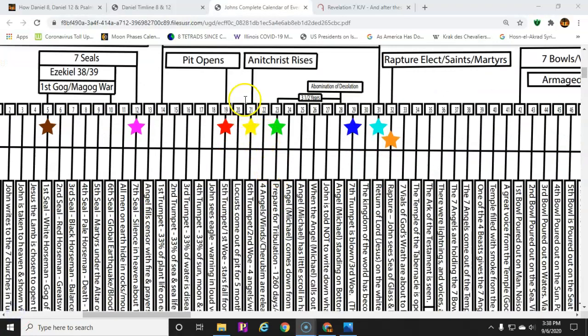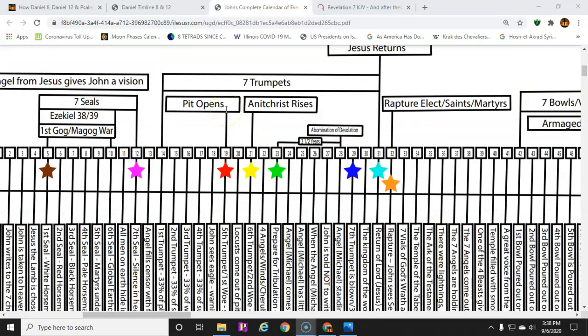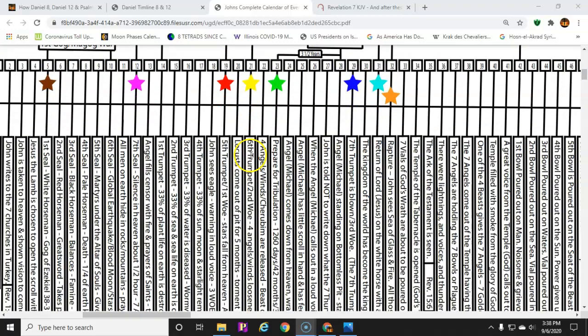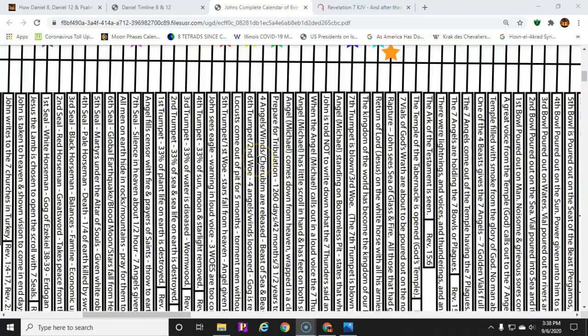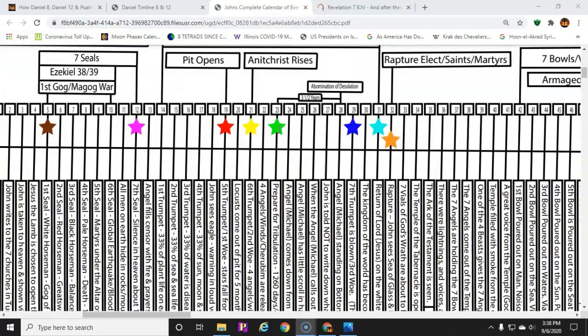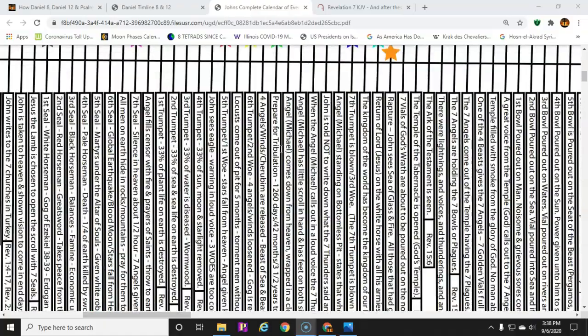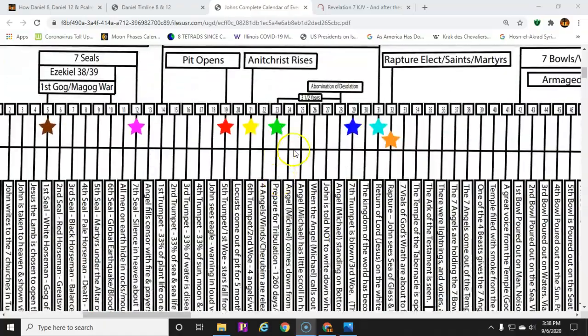So when you get to step 21, after the pit opens on step 19 here, we see Antichrist rise, we see the four winds released. They start to prepare us for the 42 months, 1260 days, or the 3.5 years to abomination.